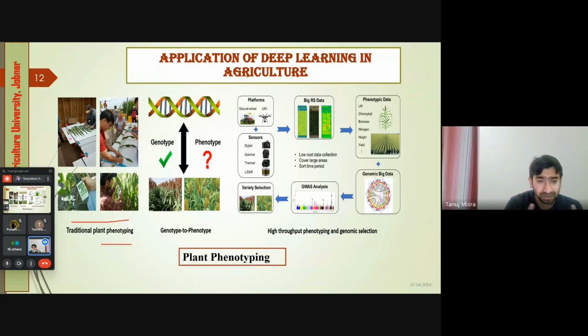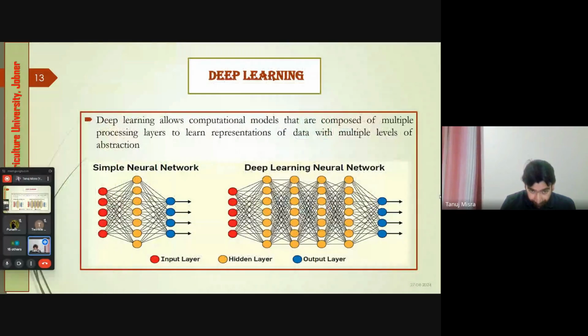This reduces the gap between genotype and phenotype, in GWAS, genome-wide association mapping. So this is the overall picture. We can estimate the yield of the plant, the leaf area, the chlorophyll content, and the stress condition, whether the plant is in a stress condition or not. So these are the applications of artificial intelligence, machine learning, or deep learning technologies.